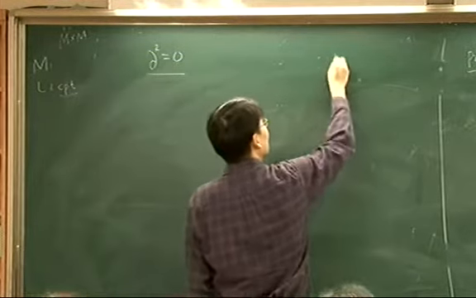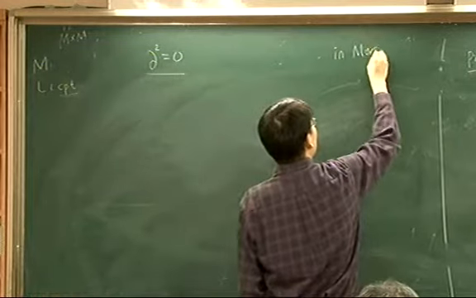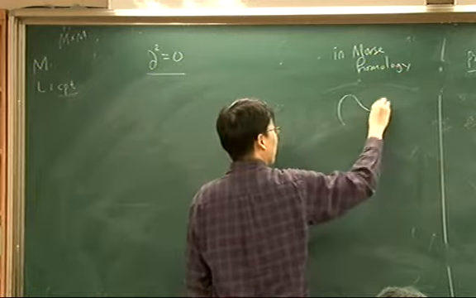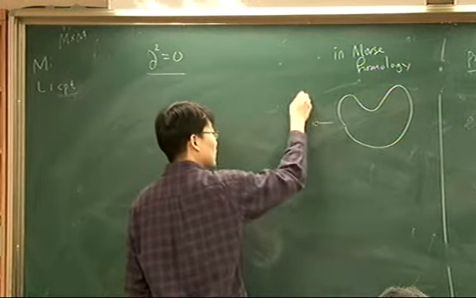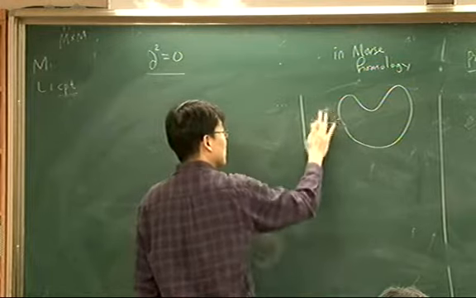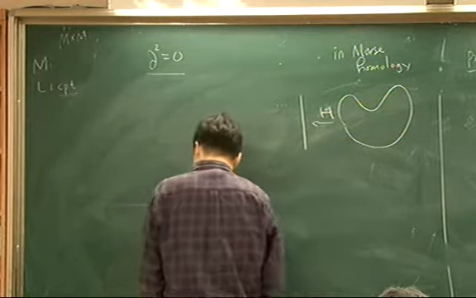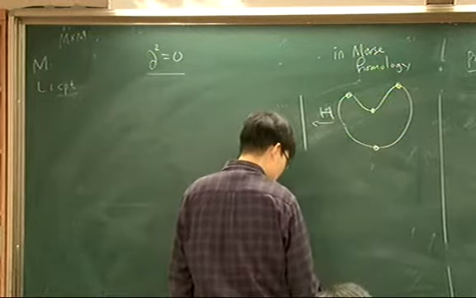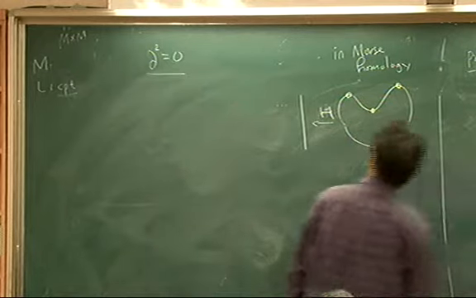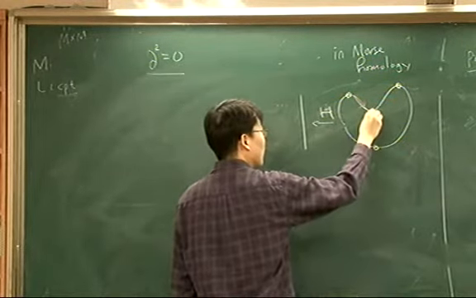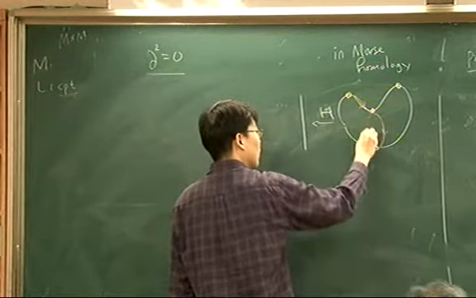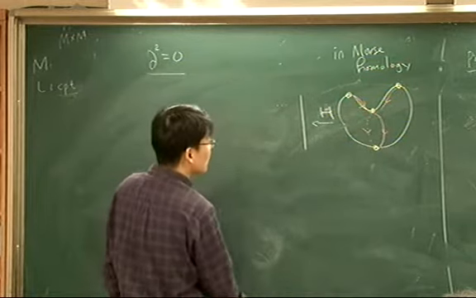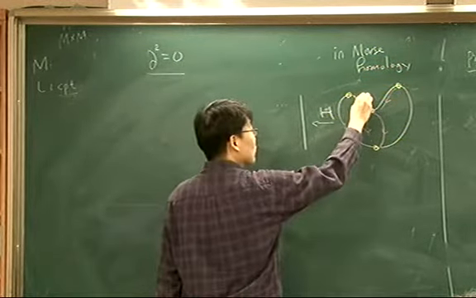So in Morse homology, you look at some kind of height function h, and you look at critical points, and you look at gradient flows, you look at isolated gradient flows, and then you do the similar thing.